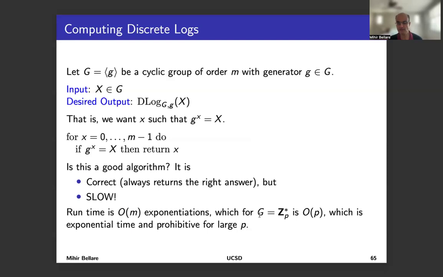In particular, when the group is Z_P star, the order is P minus 1, which is big O of P. And P can be as large as 2 to the power hundreds or thousands. So M then is about 2 to the hundreds or thousands, and it's extremely prohibitive to try to do this loop. So algorithmic researchers or practitioners might find this disappointing, but cryptographers like it because their viewpoint is we're going to force the adversary to compute these discrete logs.